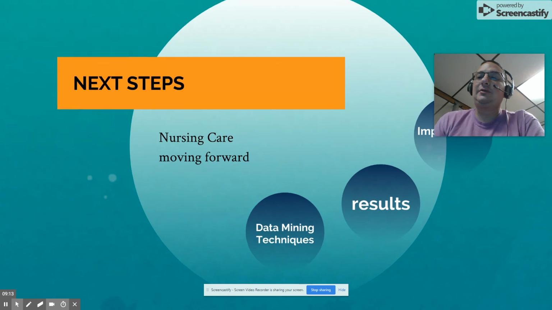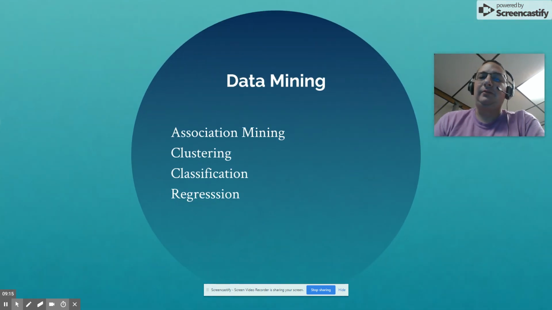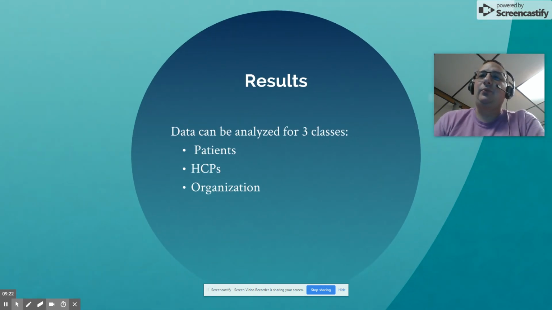So moving forward, some of the data mining techniques that are validated and out there are association mining, clustering, and classification and regression. These are able to really produce results that can be analyzed for 3 classes: the patients, giving them a better understanding of how the hospital performs; healthcare providers, so us, doctors, PT, OT, all those different classes of providers that deliver the care; and then the organization, looking at our bottom line.